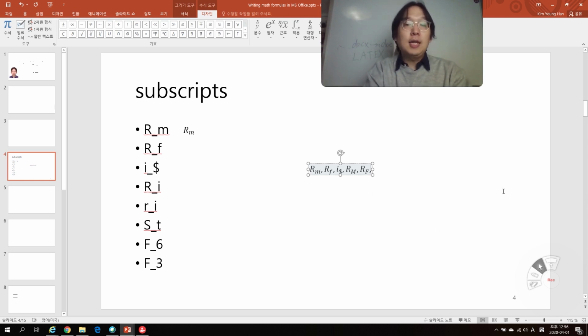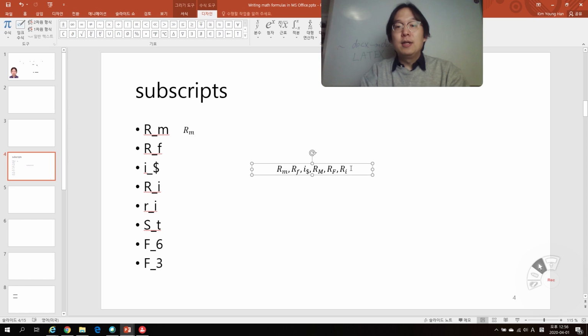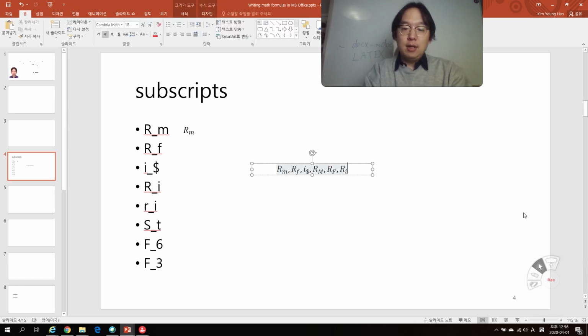Now, the next thing is small r. Big R sub I. Okay, this is your cost of capital, the company's cost of capital. Remember that? R sub I. And comma. Small r, can I use it? Why not? Like this.